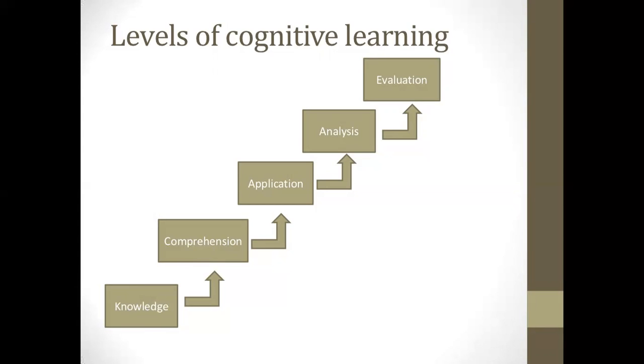Now, the appropriate verbs to be applied once your objective is more of comprehension are report, locate, restate, discuss, describe, explain, or express. So these are just examples of the appropriate verbs to be used once you want to consider the second level of cognitive learning, and that is comprehension.